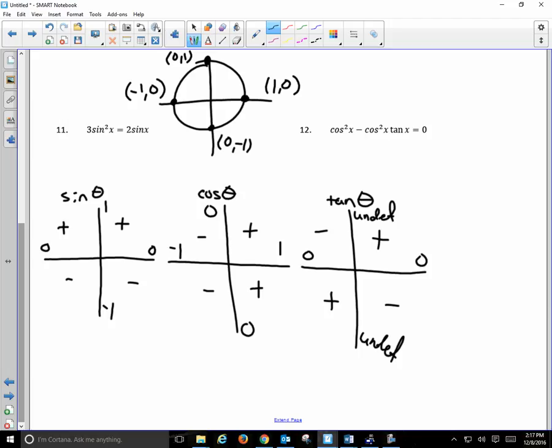So yesterday, you should have come up with one result in your assignment that said tangent of theta is equal to 0. Like, boy, what do I do with 0? Well, you could just look at this chart. Where's tangent equal to 0? How many degrees? 0, 180, and 360.